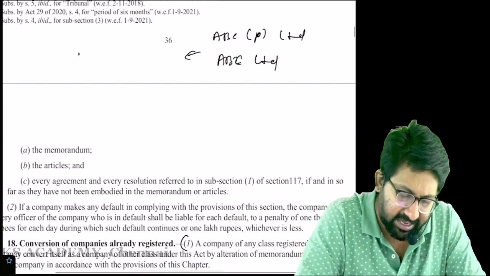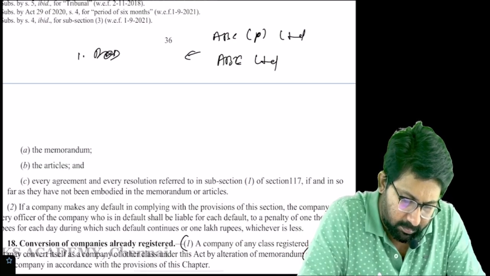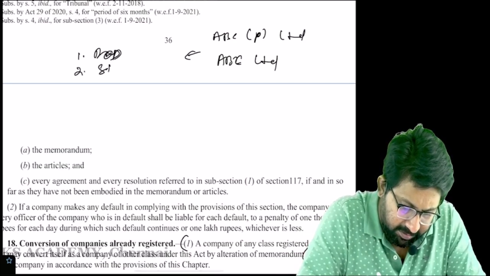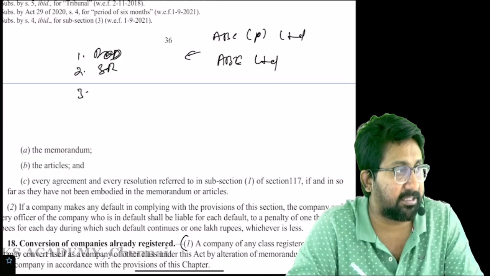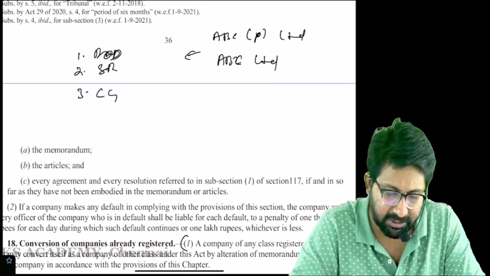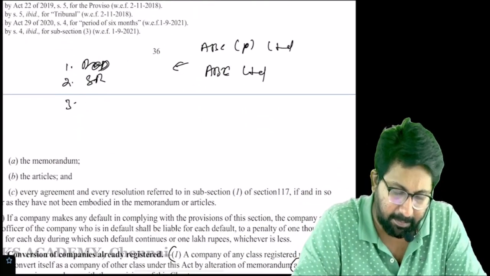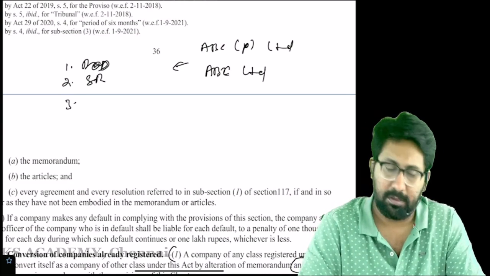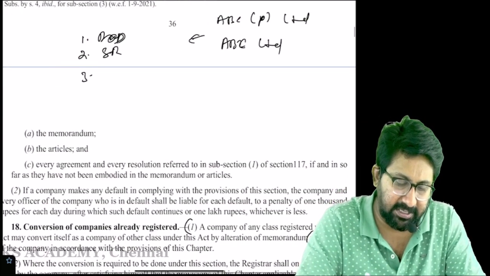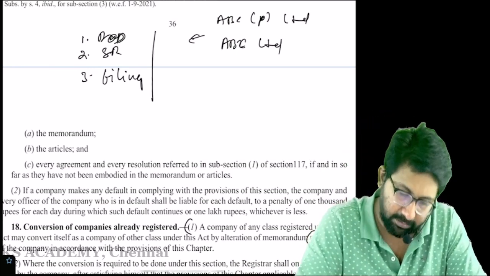Obviously this requires board of directors approval. Next one, shareholder special resolution is required. And after that, central government permission is also required. Central government permission, private to public not required, public to private is required. So board of directors, central government, filing with the ROC, same.